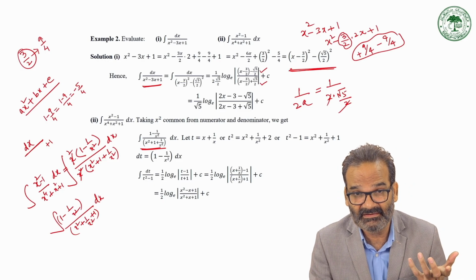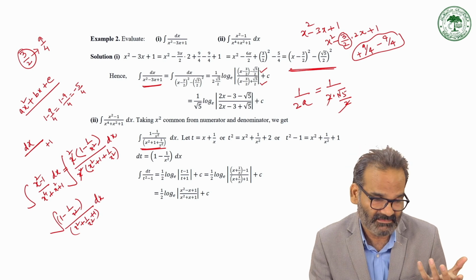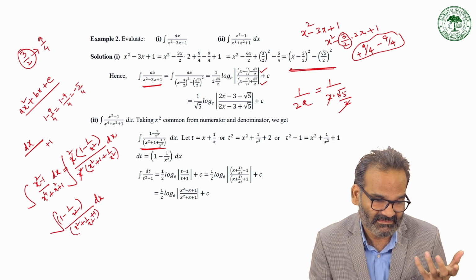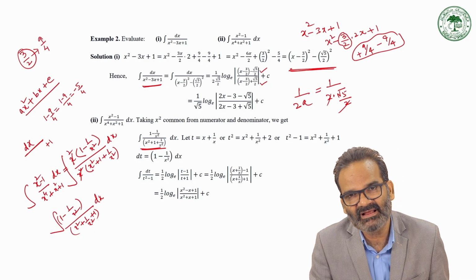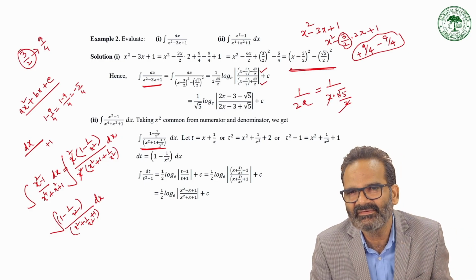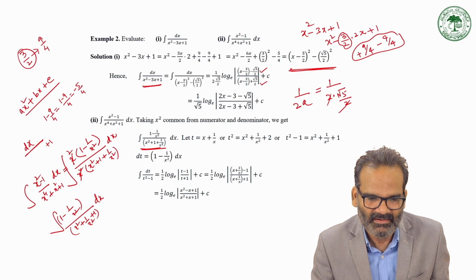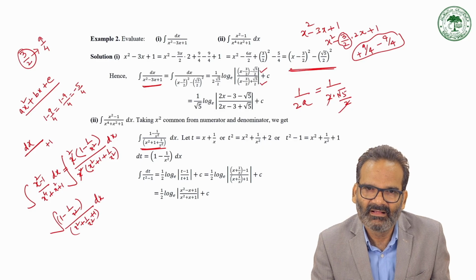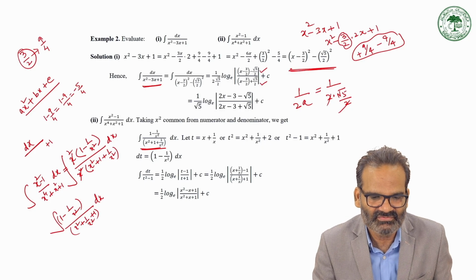We don't have any specific method. So I think, since we are having 1 minus 1 upon x square in the numerator, we should use the method of substitution, which is the best way out. We may have other options also, but what I feel would be very comfortable for you people is the method of substitution to find its integral.